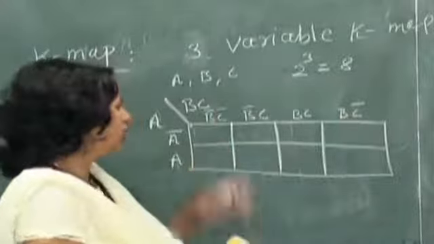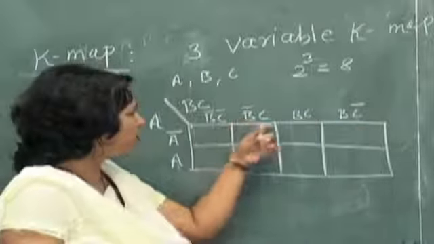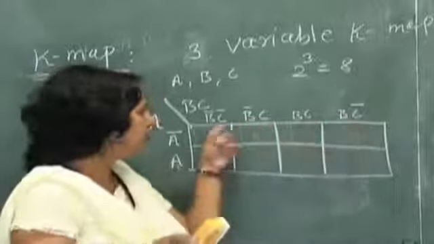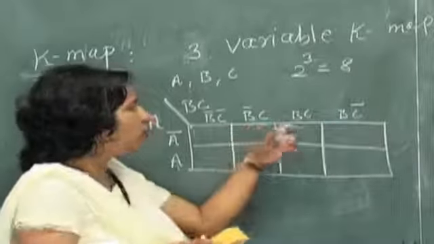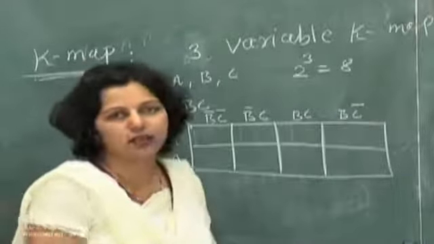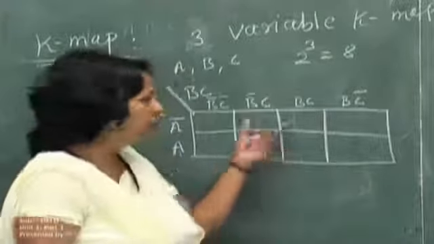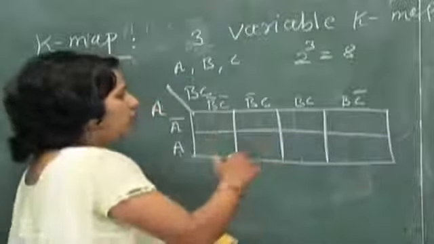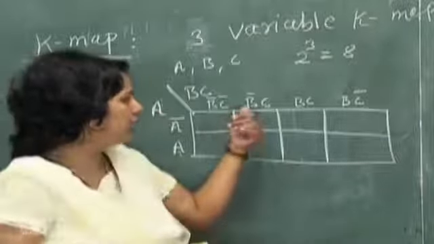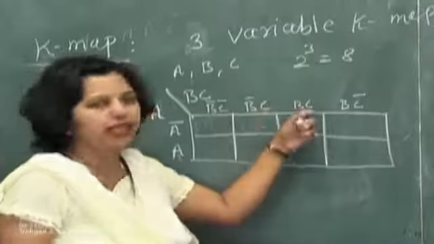Now if you see here, the sequence is not a binary sequence. This is not 0 0, 0 1, 1 0 and 1 1. This is 0 0, 0 1, 1 1 and 1 0. This sequence is called a Gray coding sequence. We are using this for simplification purposes, because we have to couple or take the common terms. Here if we see B bar C and after that BC bar is coming, nothing can be taken common.